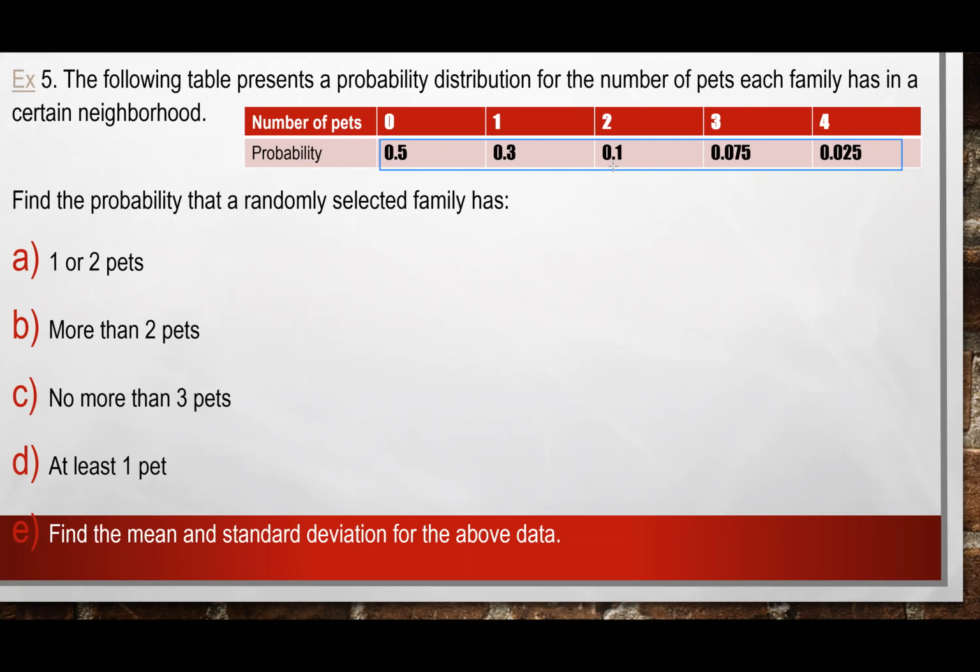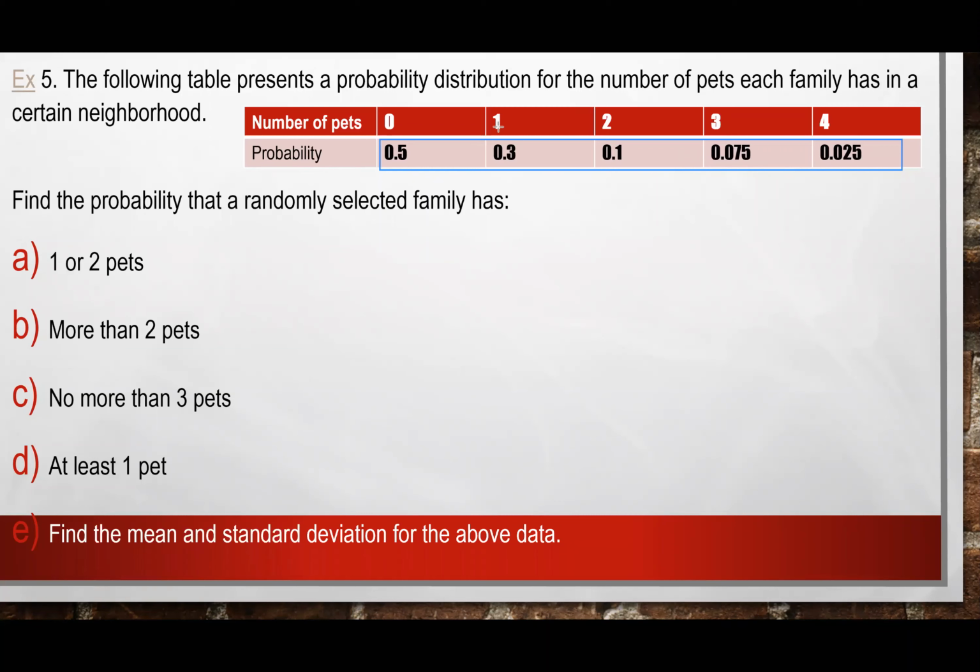The second thing to verify is that if you add all of these numbers, they must be equal to 1. If it's not equal to 1, it's not a probability distribution, because the maximum probability is 1 and you only have 1 to distribute out.